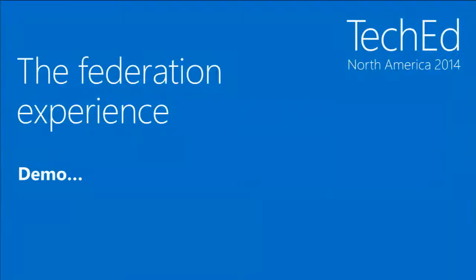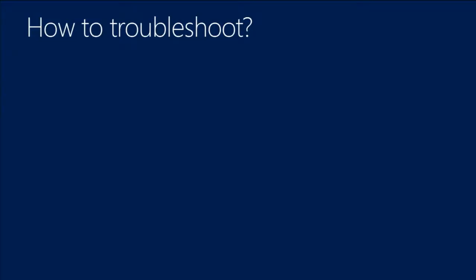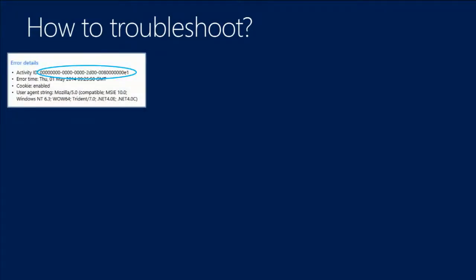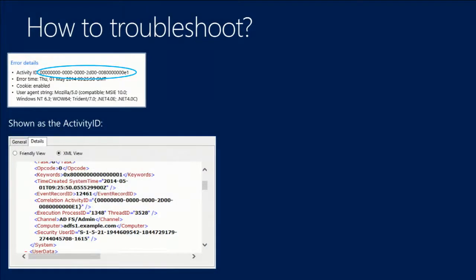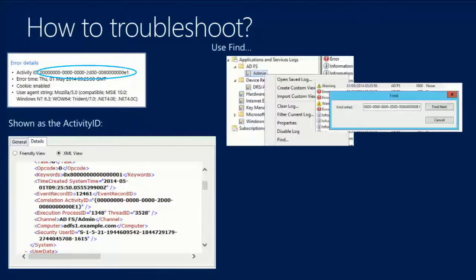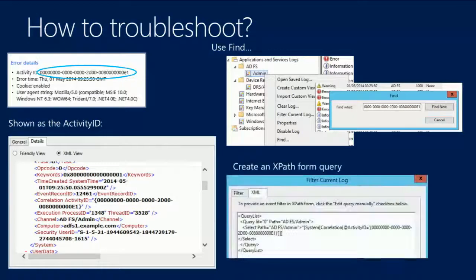And as I said, I'm going to move fairly rapidly through the slide deck. So how to troubleshoot it: correlation ID, shown as the activity ID. Do the find, and it will find you the first event, the second event, the next event, every time you click find. If you want to pull all those with that correlation ID in them, you need to create an XPath query and pop it into the filter.